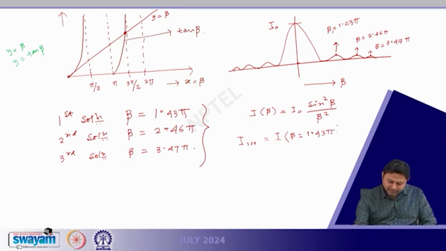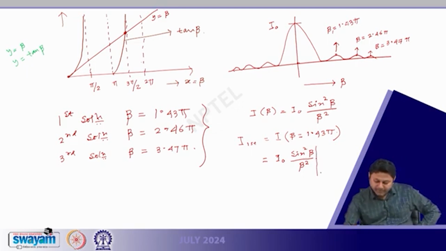So whatever the value you have on the right hand side, if you put this value, essentially this is I naught, I have sin square beta divided by beta square, calculated at the value beta equal to 1.43 pi.